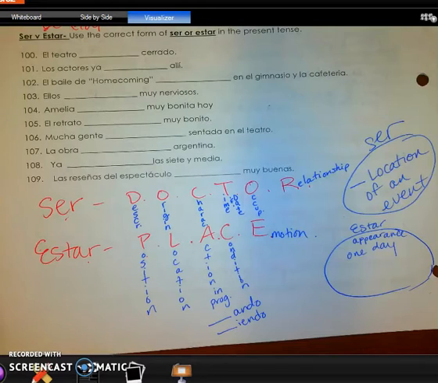The last one is appearance on one day. So I can say that my sister-in-law, mi cuñada, es muy bonita, right? She's very pretty. So I'm giving you a description of her. But on her wedding day, I would say to her, you look so beautiful today. In that case, am I telling her that she's a beautiful person, or that today she looks super beautiful?